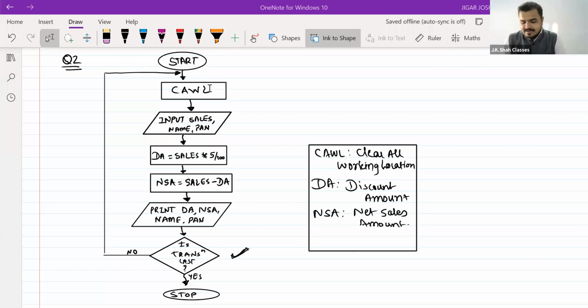Then any student having any other doubt, please raise your hand. Yes, if you want, you can write the discount amount and net sales amount in one process box only, but you need to put a comma between the two. The comma is nothing but a second step.